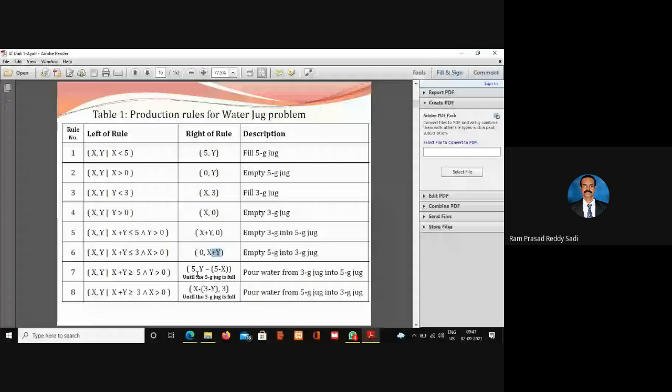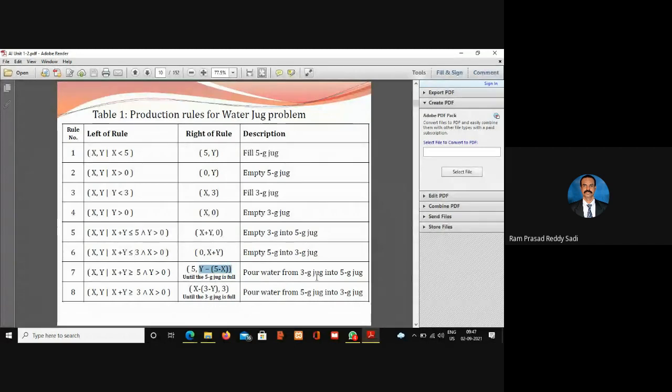So you are trying to make the first jug 5, and whatever amount of water you have poured from the second jug, that is y minus (5 minus x), will be the remaining amount of water available in the second jug. See, look at this: until the 5-gallon jug is full, pour water from the 3-gallon jug into the 5-gallon jug.